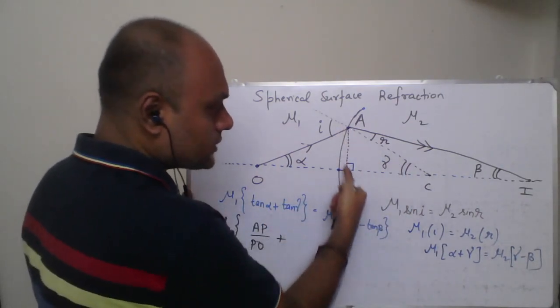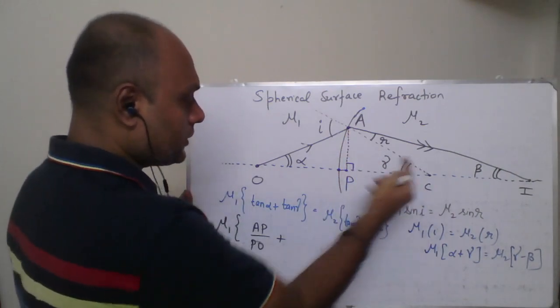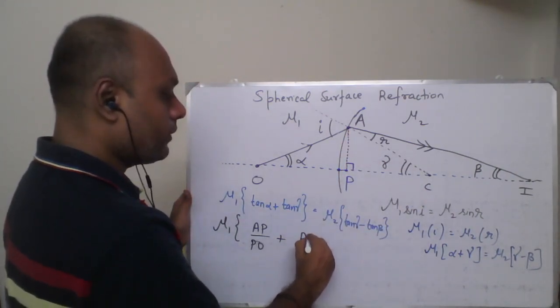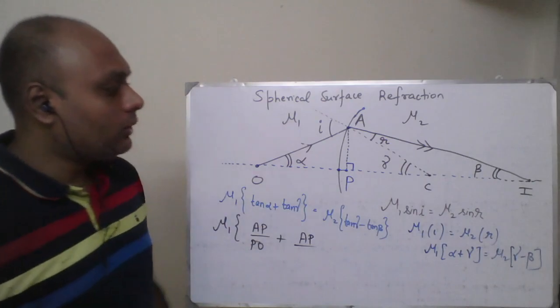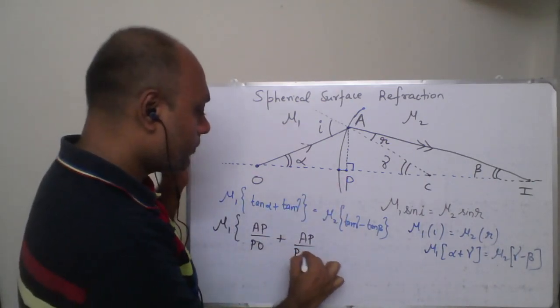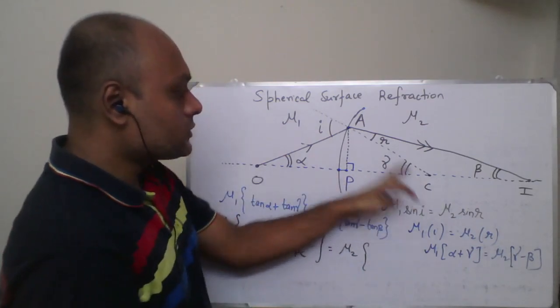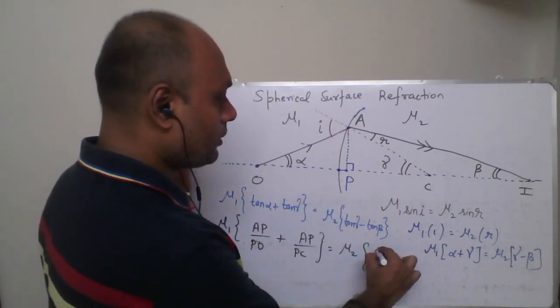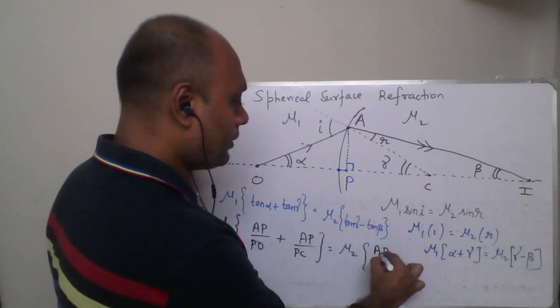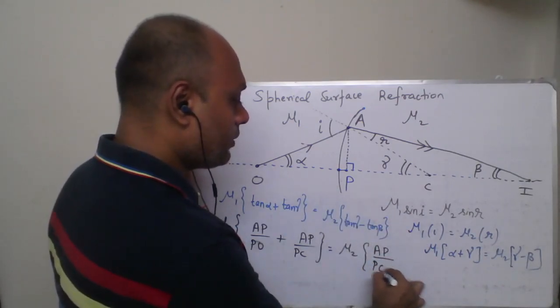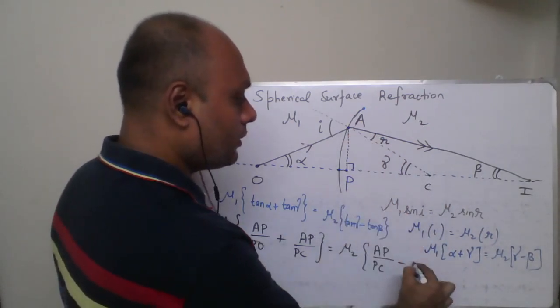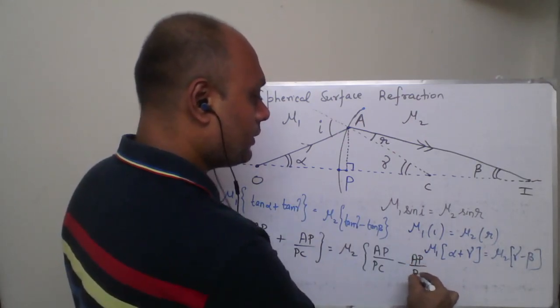Look at this right angle triangle. Tan gamma is again opposite by adjacent. So substitute AP divided by PC. Right hand side equal to mu2 times tan gamma, which is opposite by adjacent, so AP divided by PC, minus tan beta, AP divided by PI.